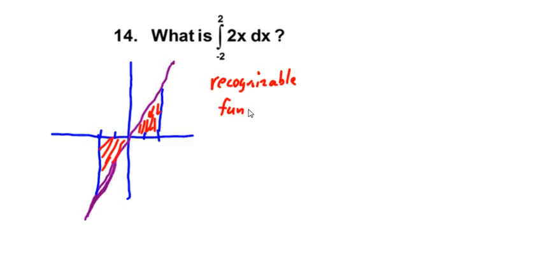Now, you can go ahead and work this out and find the same answer, but our answer to this is going to be 0. Okay? Recognizable function, areas cancel to equal 0.